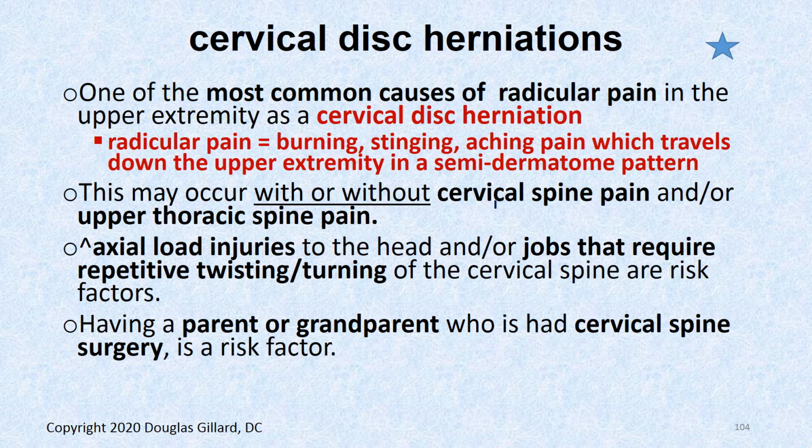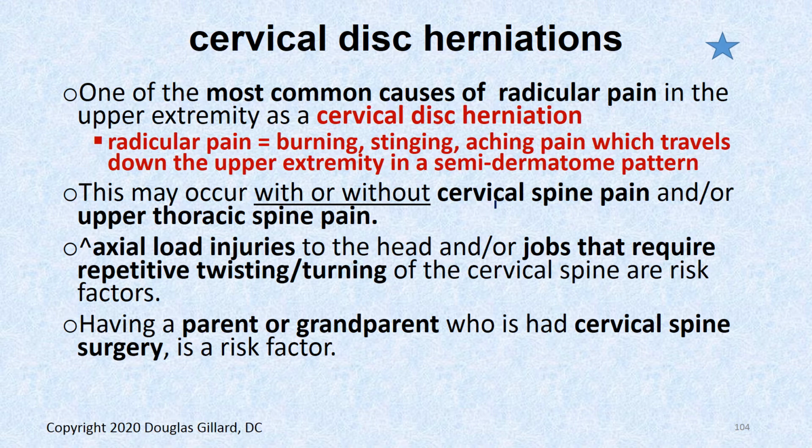Cervical disc herniations, you're going to get a lot of information on that, but the most common cause. You have a patient coming in your office, he's got maybe a little pain in his neck, maybe he doesn't have any pain in his neck, but he's got horrible burning, stinging, lightning sometimes. Everybody's different.